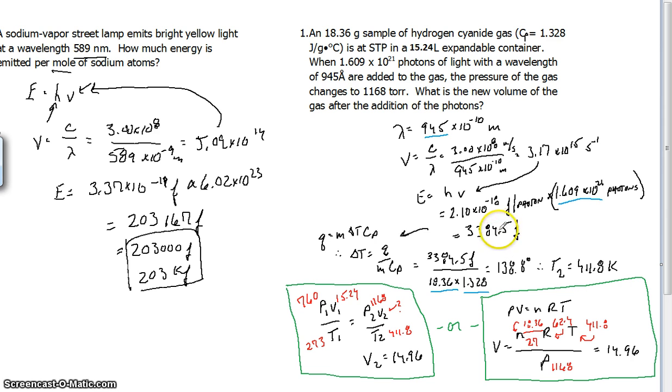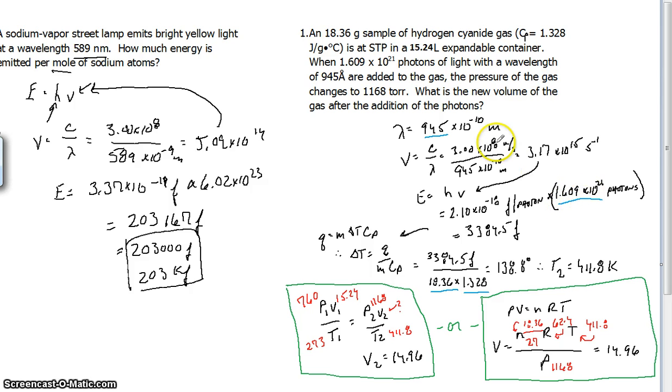Well, what is that going to do to my gas? It's going to heat it up because I'm putting energy into it. I can figure out how much that's going to change the temperature of the gas, which will allow me to figure out new pressures or volumes or whatever by using the equation Q equals m delta T Cp. This is my Q. This is how much heat, which is energy, that I'm transferring into the gas. My mass is given to me up here as 18.36, and my specific heat, of course, I just mentioned, is 1.328.